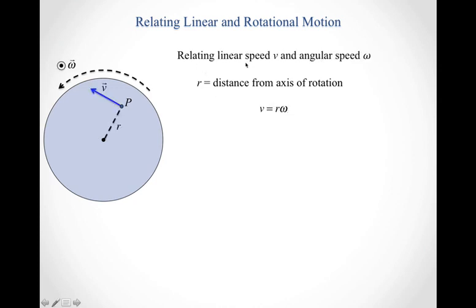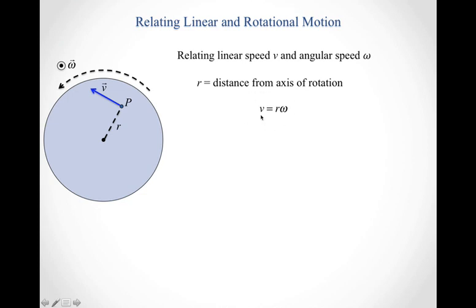So I can also relate the linear speed v and the angular speed omega. Point P is moving with a velocity that's tangent to the circle it's moving around. The equation that relates the linear speed v with the angular speed omega is very similar to the one relating the arc length and the angular displacement.